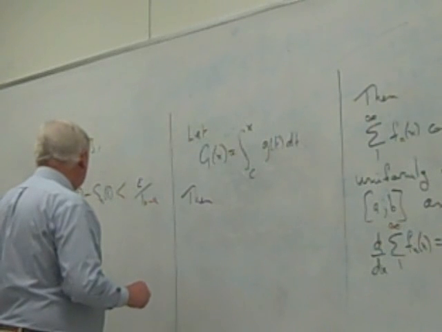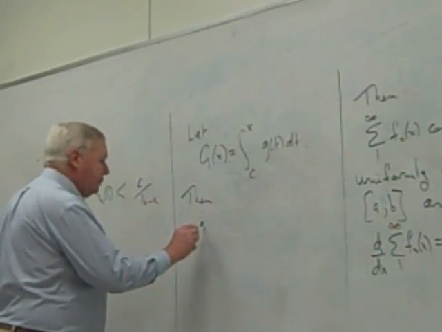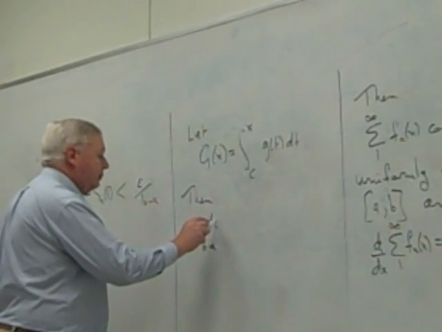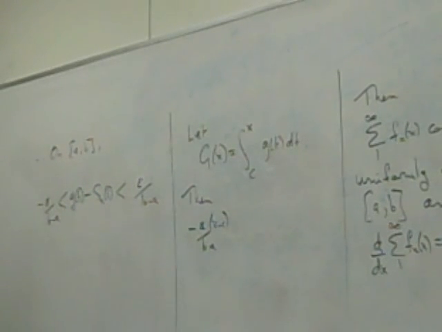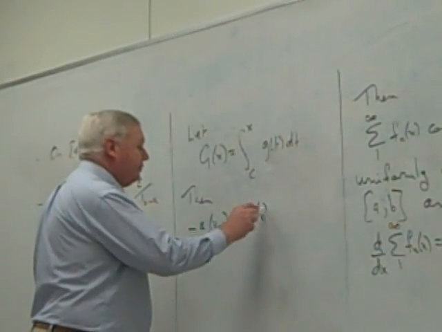What I get on the left is minus epsilon over b minus a times x minus c when I integrate, is less than capital G of x.